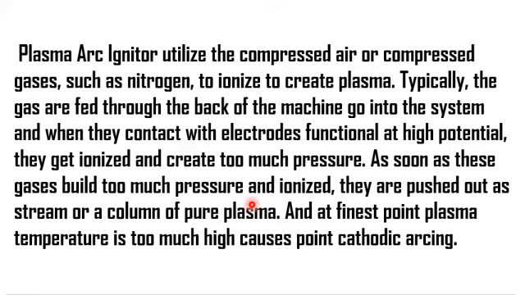So the compressed gases are converted into plasma. This means that when the compressed gases interact with the electrodes, they are converted into electrons, protons, and neutrals or excited atoms.